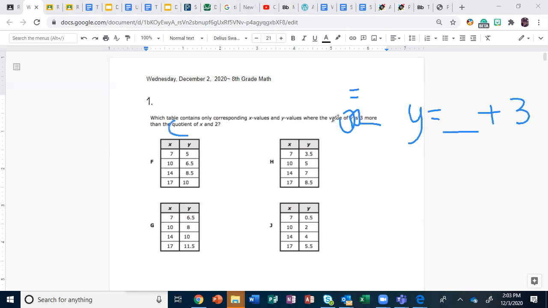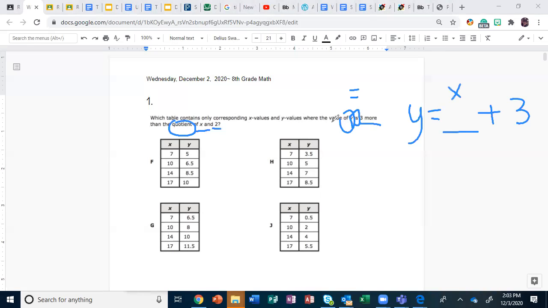And then what is quotient right here, guys? What does that mean? That means either adding, subtracting, dividing, or multiplying. Why no division? Division. That's dividing, x divided by 2.